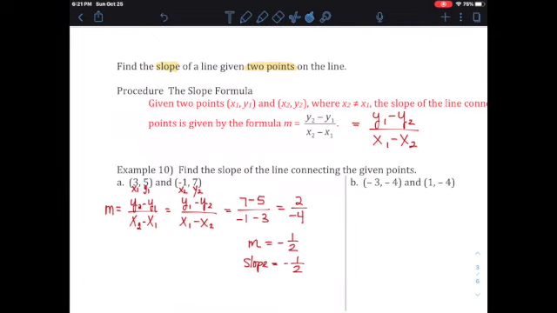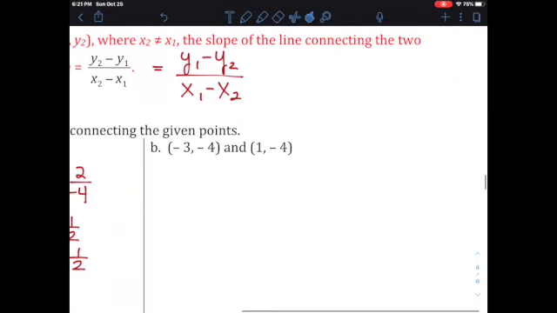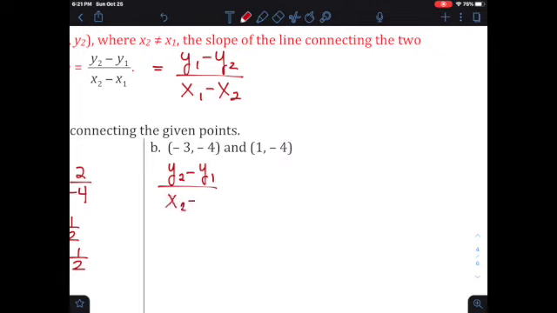I'm going to have you guys try the next problem, but I think we should try it together. The reason for that, this one is a little bit funky. So again, let's try the formula. The formula is y2 minus y1 over x2 minus x1. That's the slope formula.